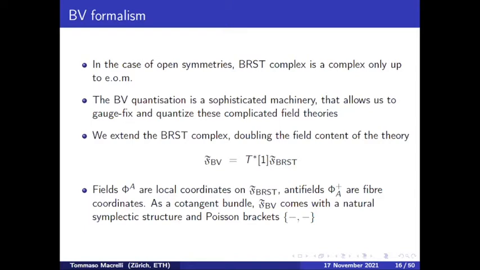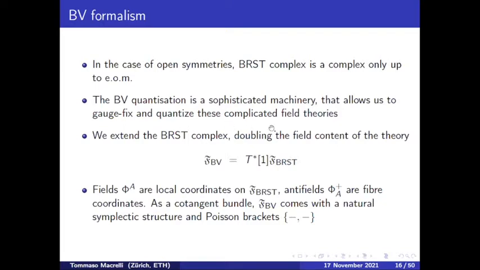So the BV procedure is a two-step procedure. In the first part, we introduce parameters to parameterize gauge freedom, just like in the BRST formalism. We introduce ghosts to parameterize gauge freedom, and in the case of higher gauge theory, where ghosts may themselves enjoy gauge freedom, we introduce higher ghosts.